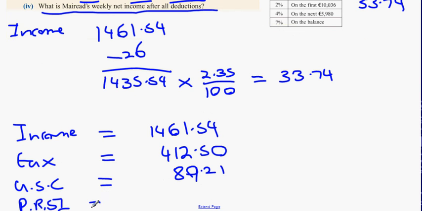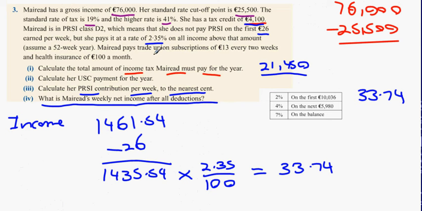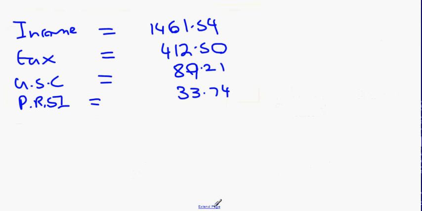Our PRSI is weekly at €33.74. Then finally, Maria paid trade union subscriptions at €13 every 2 weeks. So we're going to halve that. So trade union is going to be €6.50.